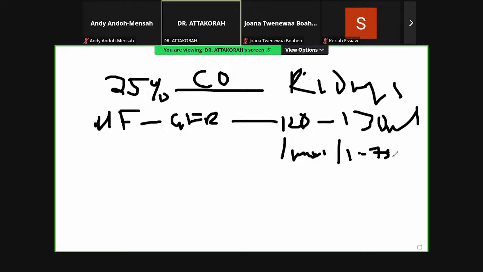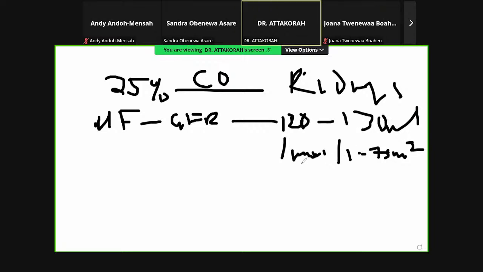So for a normal individual, 25% of the cardiac output will get into the kidney, and that is supposed to cause a GFR of between 120 to 130 mL per minute per 1.73 meters squared.